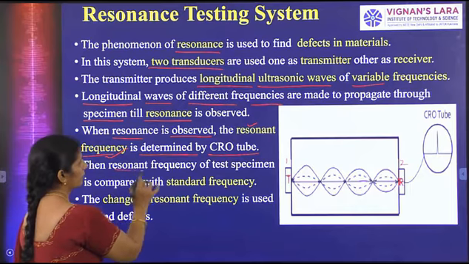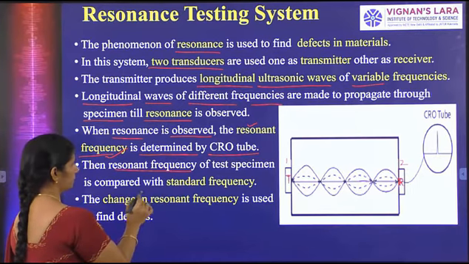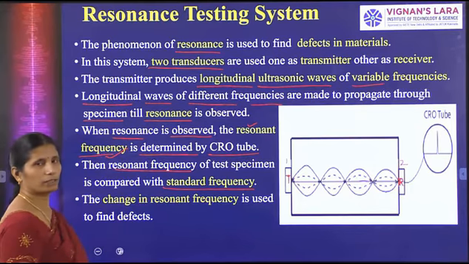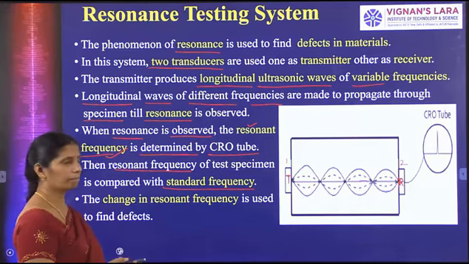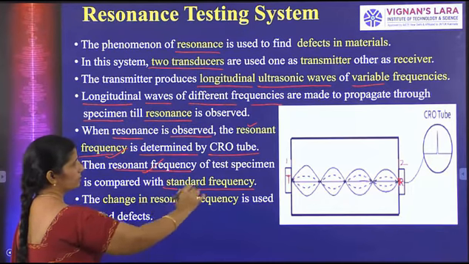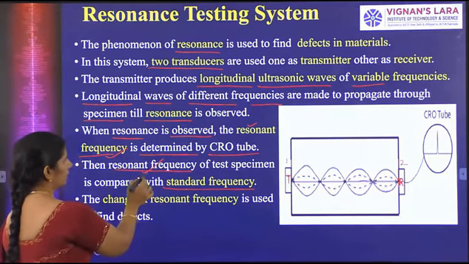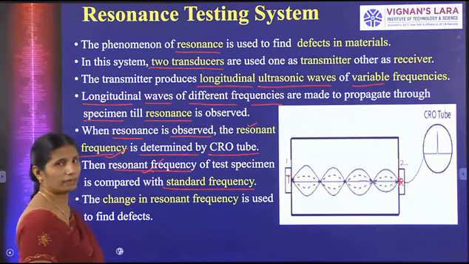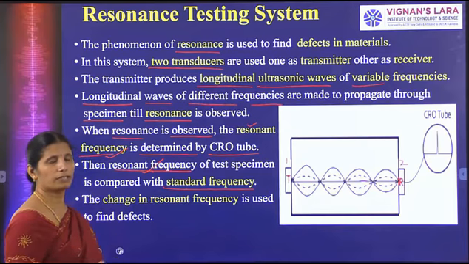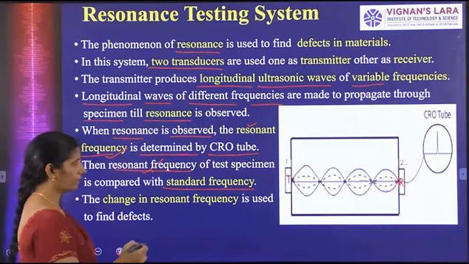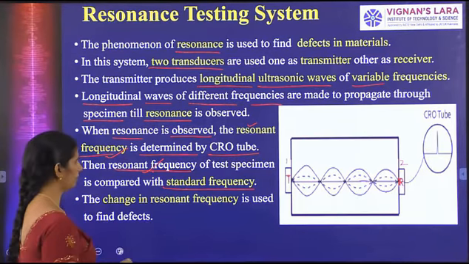Then the resonance frequency of the testing specimen is compared with the standard frequency. The comparison between the standard frequency and the resonant frequency is done in the CRO. The testing specimen has some standard frequency, some state of vibration, and that standard frequency is compared with the resonant frequency.